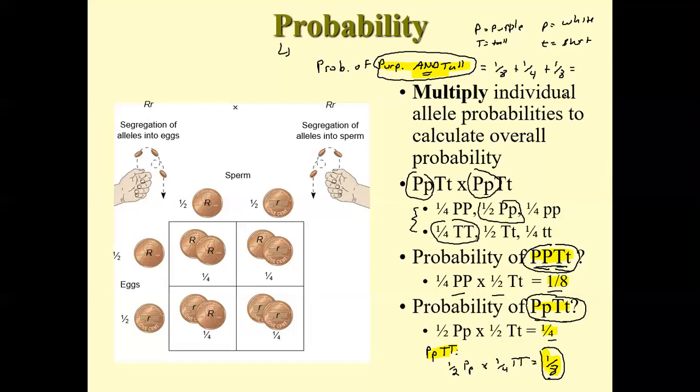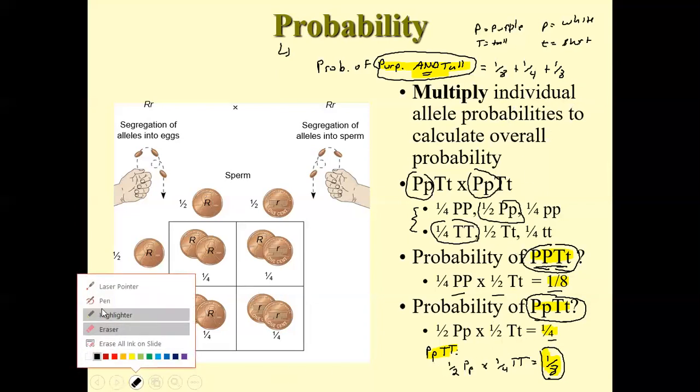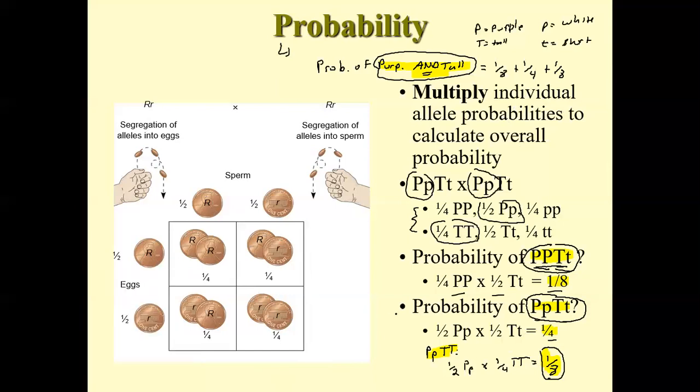Okay. Now, to do this correctly, I want to make sure that I'm not missing any particular genotype, and I am, now that I'm thinking about it. So let me go back and erase this. There's one final genotype that would give me purple and tall, and I'll do it over here.